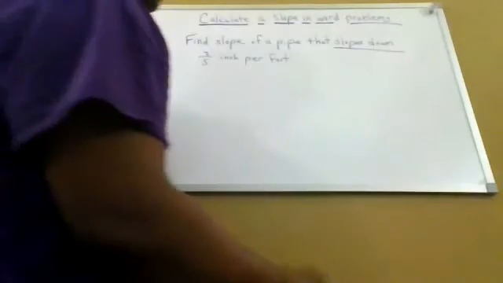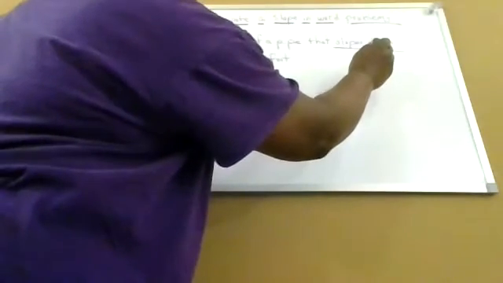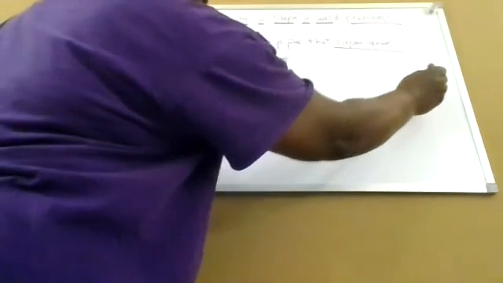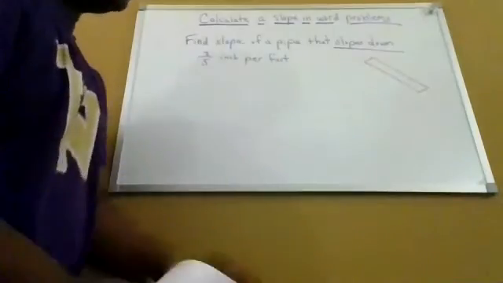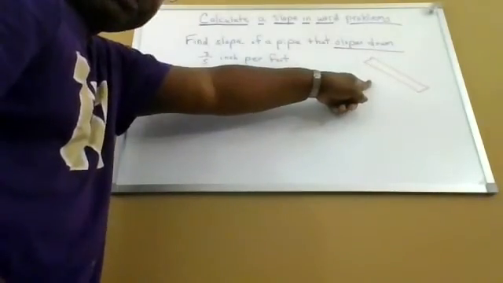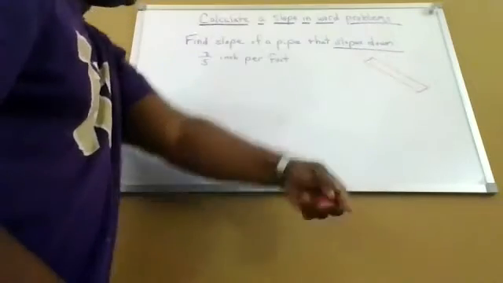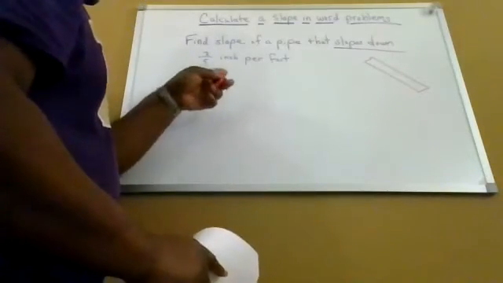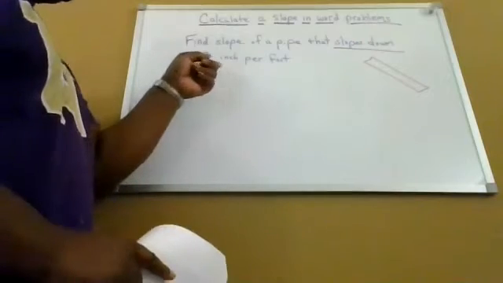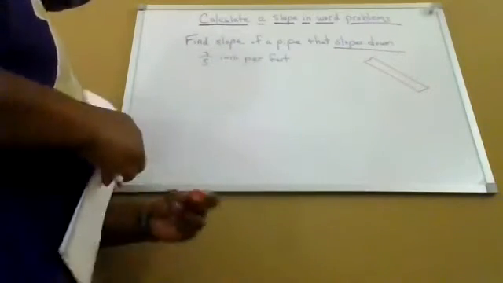So if I drew a pipe, there's the picture of our pipe. It's sloping downward, so we know our final answer is going to be negative. But it's sloping downward at 3/5 inch per foot.